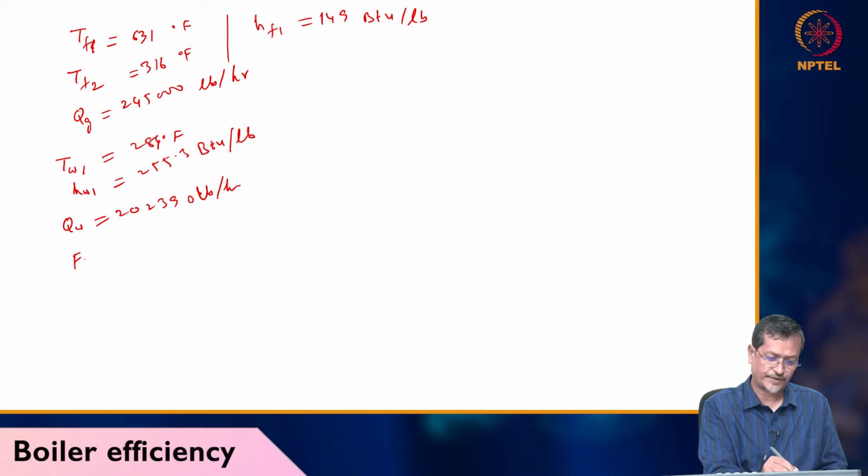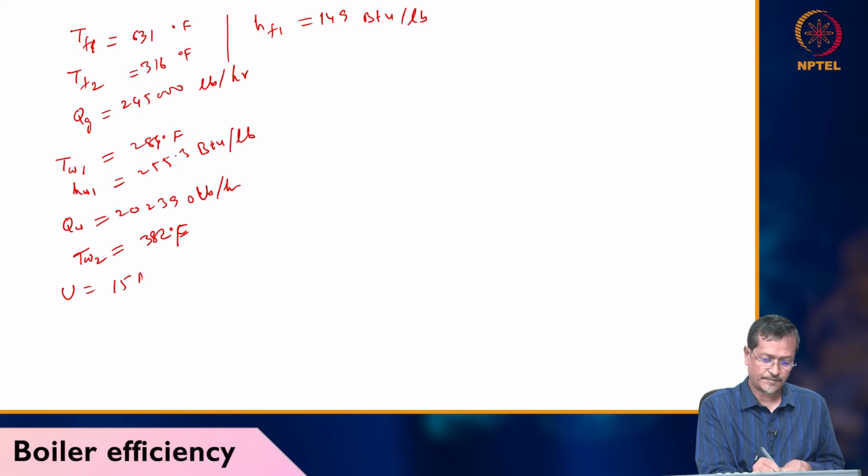Feed water temperature leaving, TW2 is given 382 degree Fahrenheit. Economizer overall heat transfer coefficient is given 15 BTU per hour feet square degree Fahrenheit.